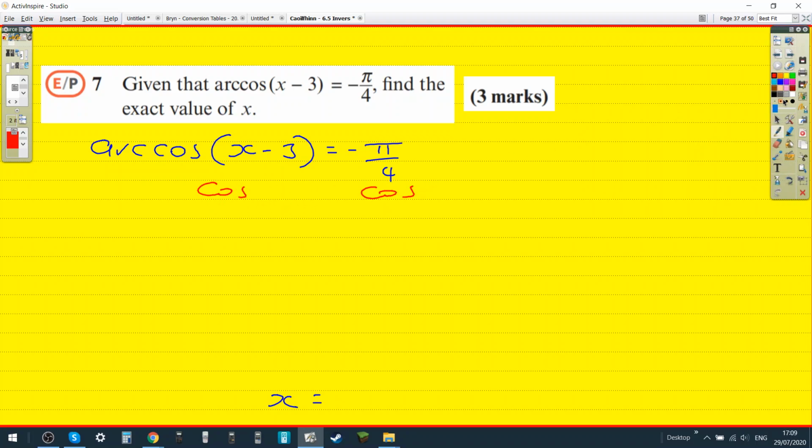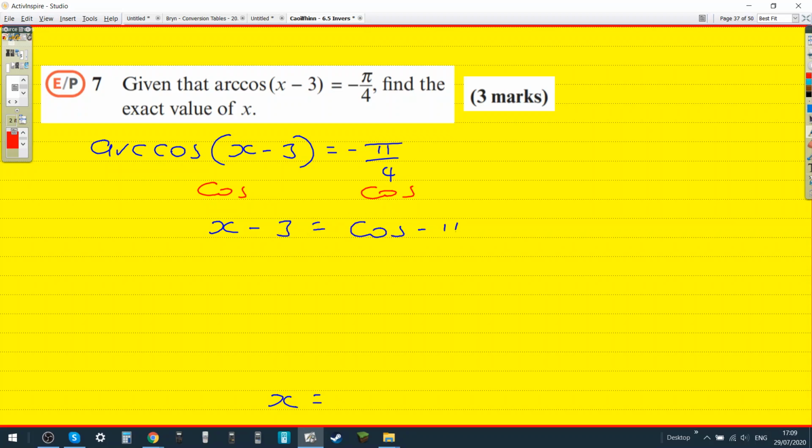Oh, okay. And does that cos cancel out the arc cos on the left side? Yeah. So what remains? X minus 3 equals cos of minus pi over 4. And then x equals cos of minus pi over 4 plus 3.